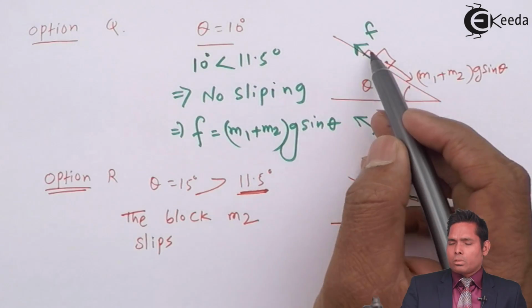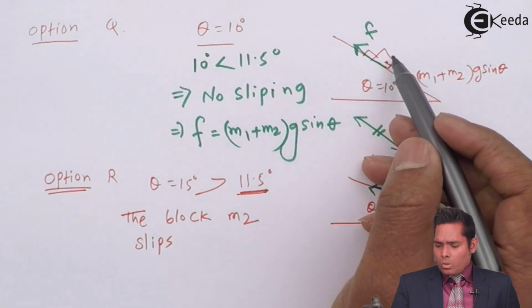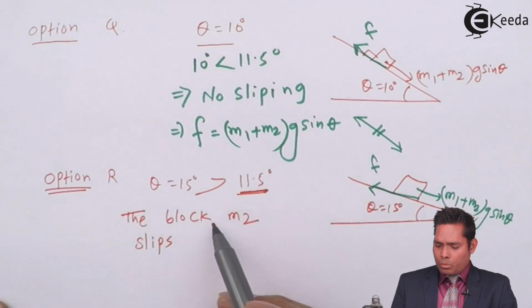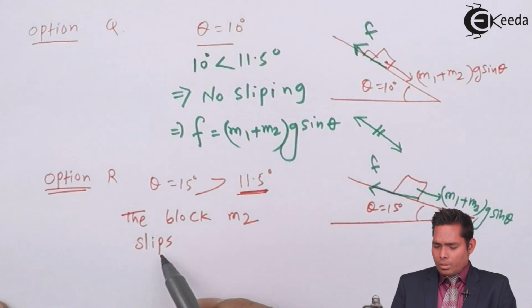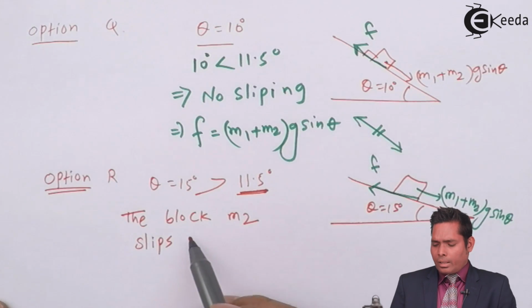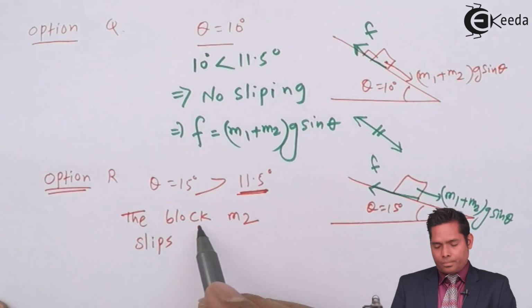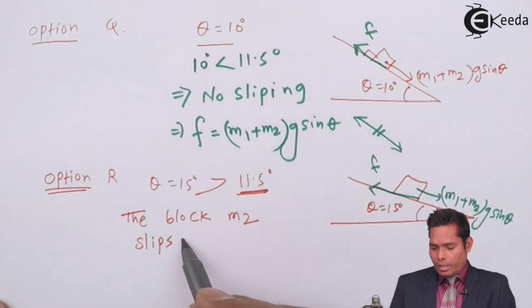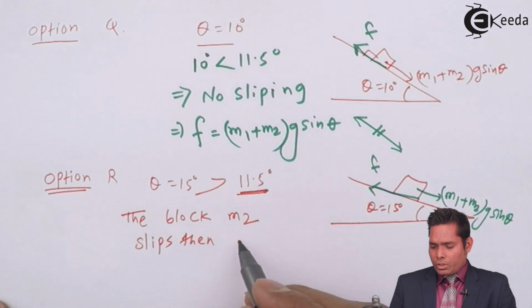So if this slides, that also will slide. So the block M2 slips. If it slips, then in slipping condition, the friction that will act is dynamic friction.